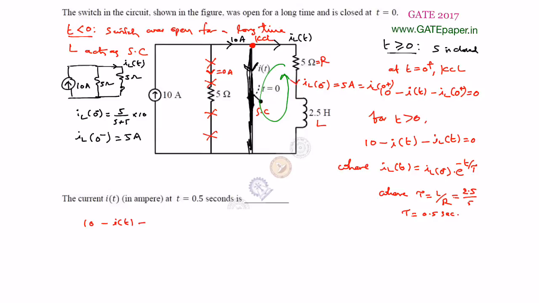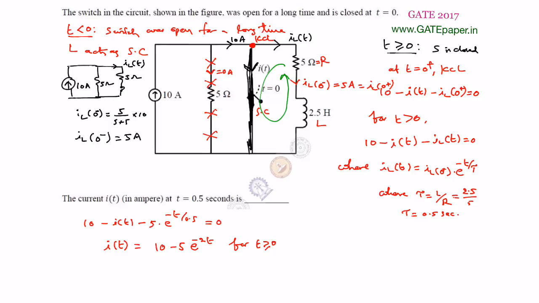So IL of 0 minus is equal to IL of 0 plus, which is 5 amperes. So this is 5 into e power minus t by tau, with tau equal to 0.5. So the general current equation is I of t is equal to 10 minus 5 into e power minus 2t, for t greater than or equal to 0.